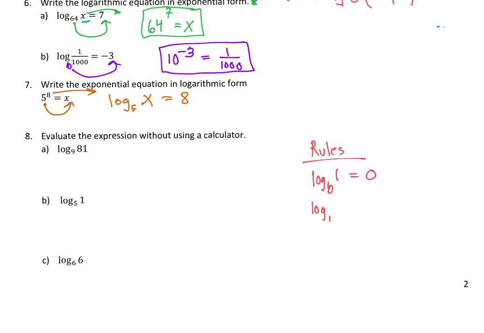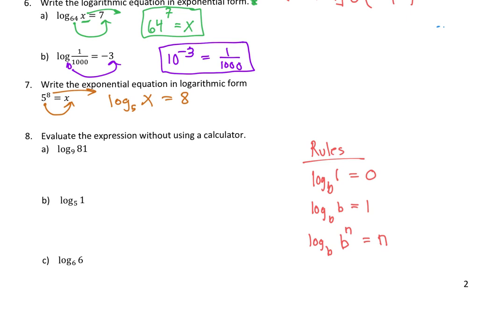If I have a log with a base and what is inside the logarithm is the same as my base, that simplifies to 1. And if I have a logarithm with a base and then inside the logarithm is the same base but to another power, the base and the log cancel out and that is just n. So those three rules of logarithms, if you can recognize those really quick, you can do these problems really fast just by looking at them.